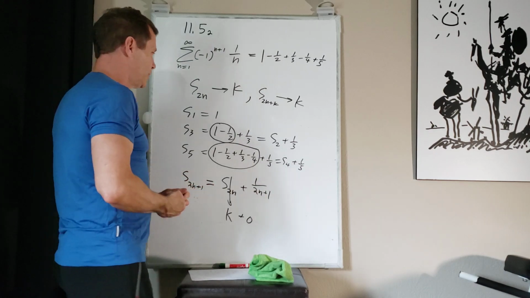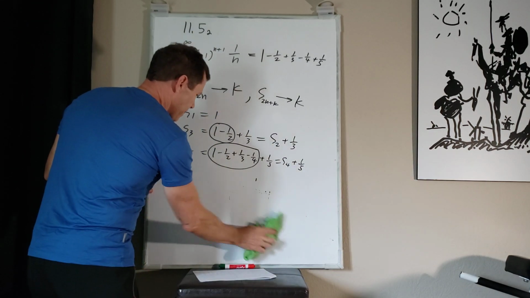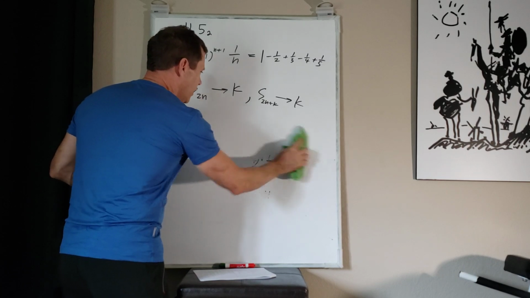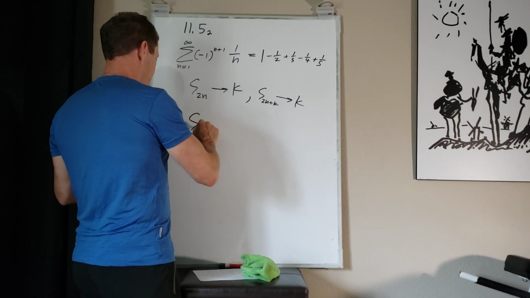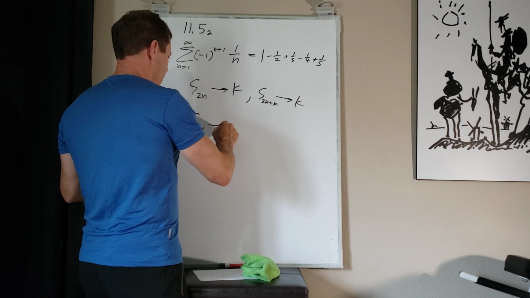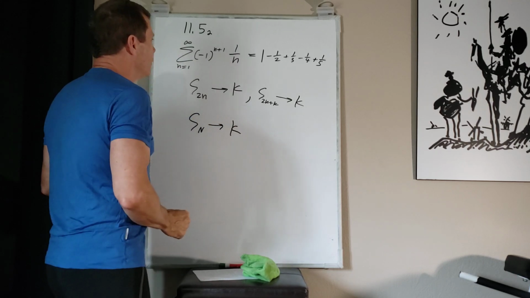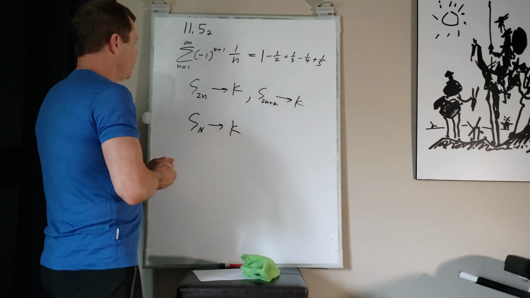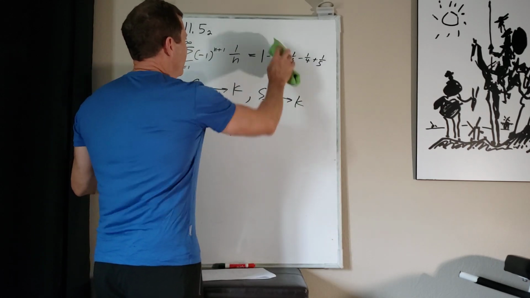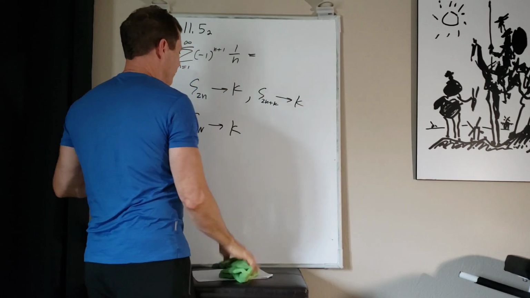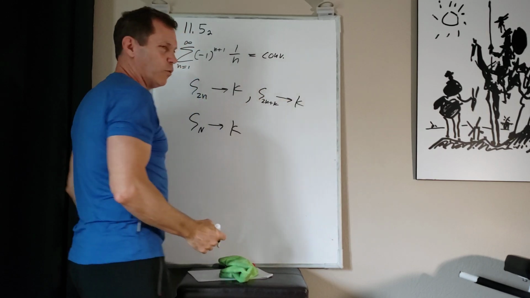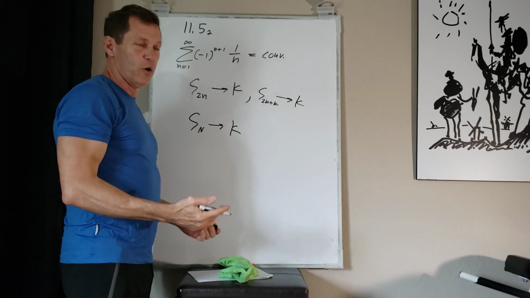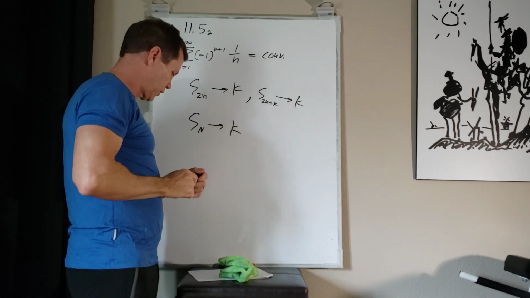So the whole sequence of partial sums approaches K, and so we can say that this guy right here converges. To what? I don't know, but it does converge. Okay, stop right there.